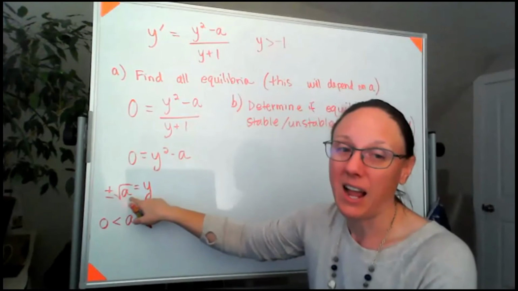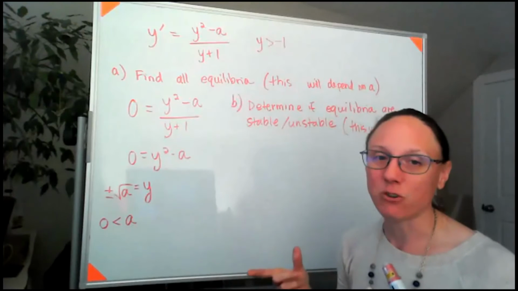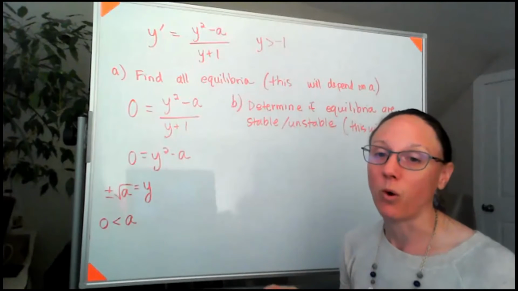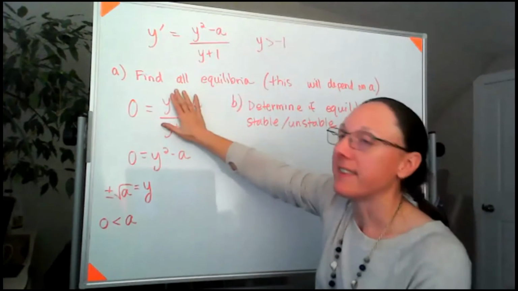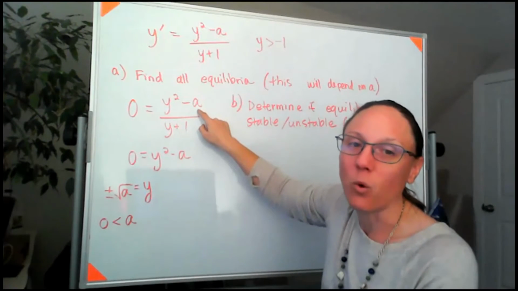And we also saw in the picture that something interesting happens when a is equal to 1. And if we look at this equation, we can kind of see why something interesting happens at 1.